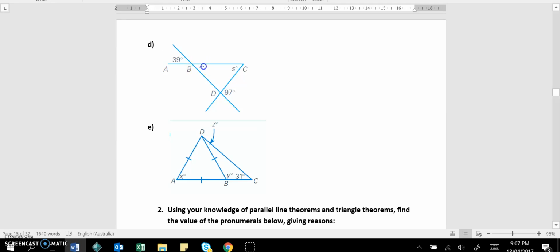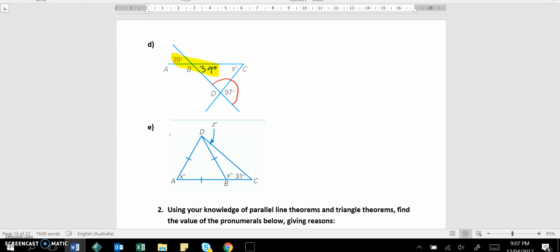For example, I know this angle in here is 39 degrees because these two here are vertically opposite angles. And I can also work out this angle here because that's on a straight line. So I can work out angle BDC, and that will help me to find s. It's not the only way. Perhaps you can see another way, but this is the way I'm going to be doing it.